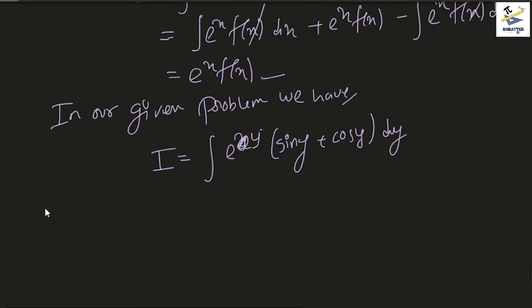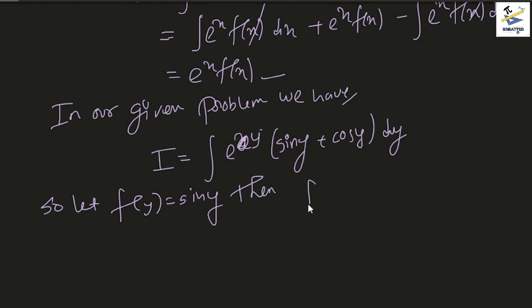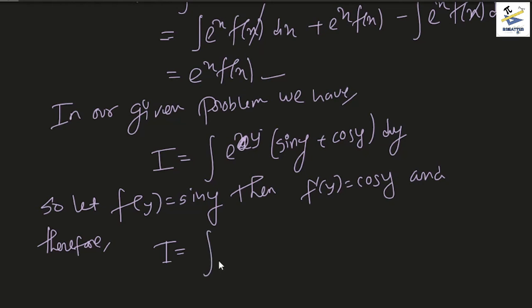So let f of y equal sine of y, then f dash y would be equal to cosine of y, and therefore I equals e to the power y into f of y, which is sine of y, and cos y is the derivative, so f dash y, right?